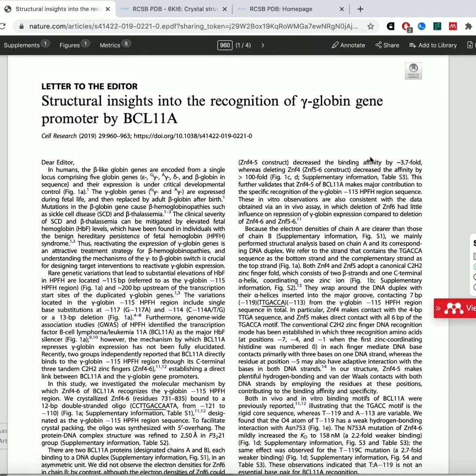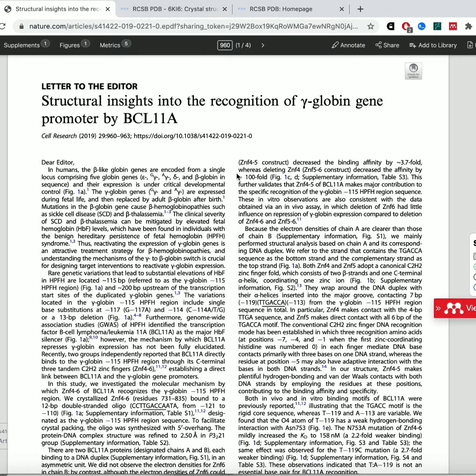Hemoglobin is the protein that carries oxygen in your bloodstream, and it's a multi-subunit protein, and for one of the subunits, the fetus makes a different version that has a tighter binding for oxygen, so that it's able to really snatch it out from the exhausted blood in the placenta. But once you're born, you stop making that, and this BCL11A protein acts as kind of the brakes to stop you from making it.